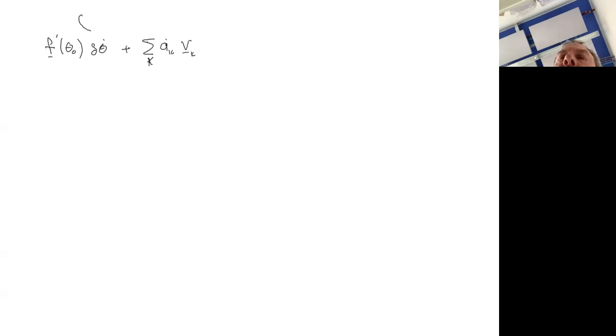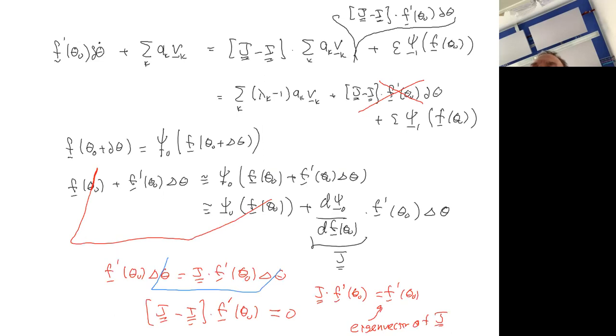So this is equal to d delta theta dt. Standard notation, at least if you grew up in America. I assume you know this, but just remember that dots mean time derivatives, equals the sum on k of lambda k minus 1 a_k v_k plus epsilon psi 1 of f of theta naught. Let me see, did I do that right? Yeah.